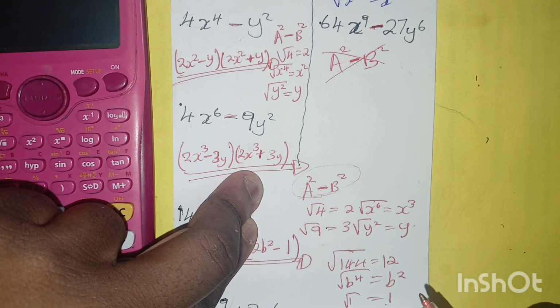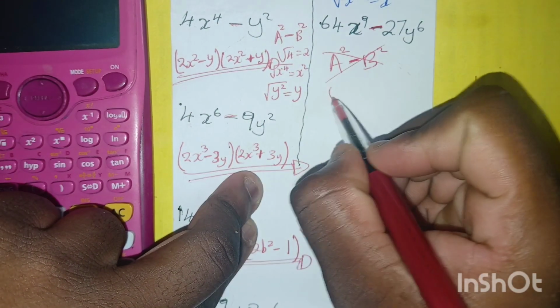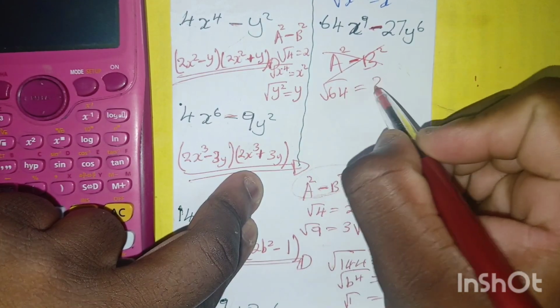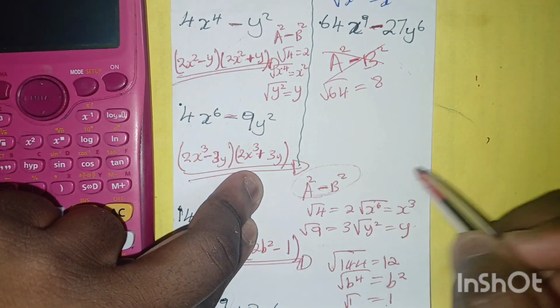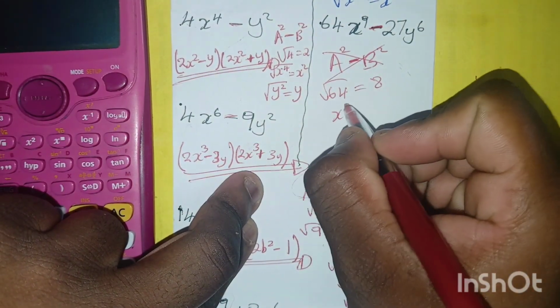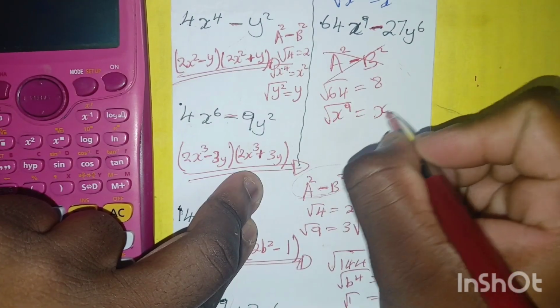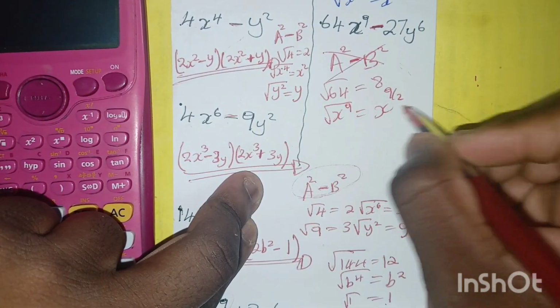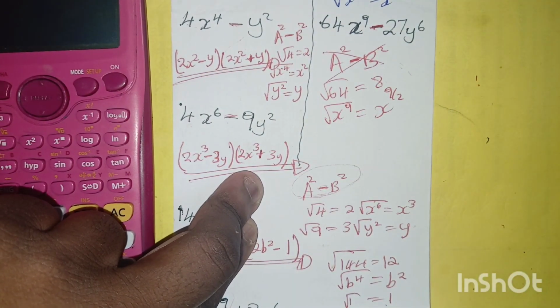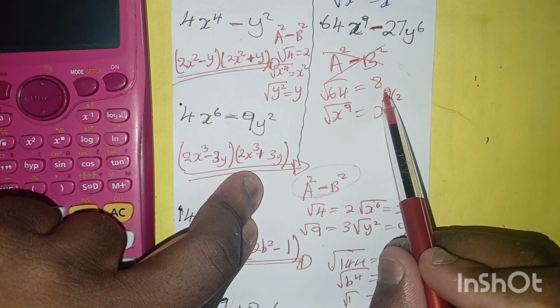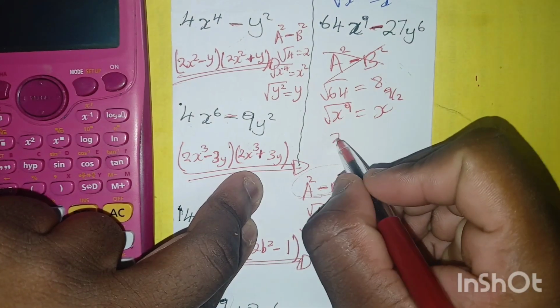The reason why I say that: yes, you can take the square root of this, which is 8. You are correct, no doubt. But you cannot take the square root of this one, because you'll get x9 over 2. You cannot have the exponent of 9. Even this one, you cannot take the square root of.